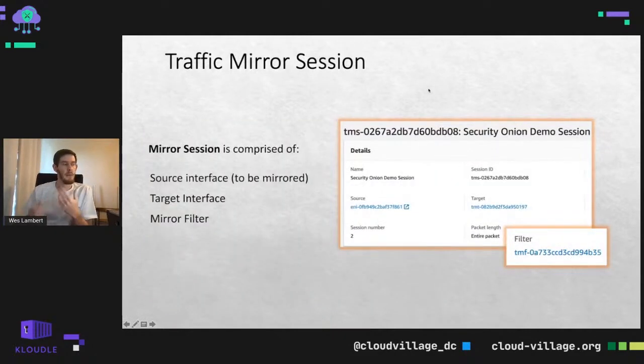And then that traffic mirror session, again, is comprised of that source interface, that Nitro instance, maybe a Linux box, maybe a Windows server, and that target interface, that Security Onion sniffing interface. And again, that mirror filter, which is filtering the traffic, whatever you're determining you want to have in there.